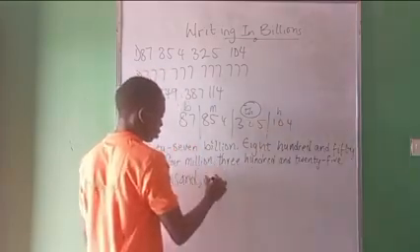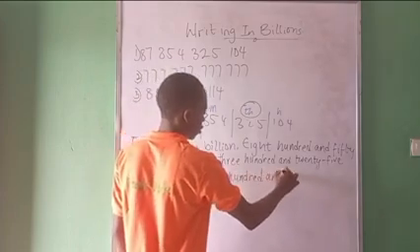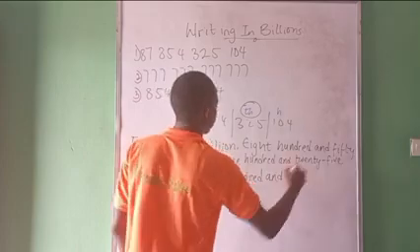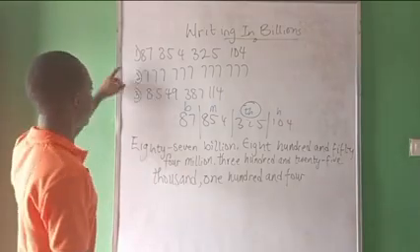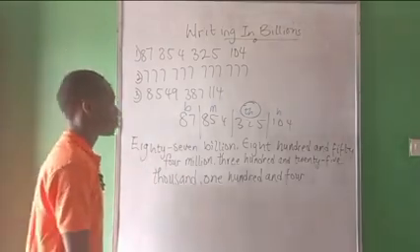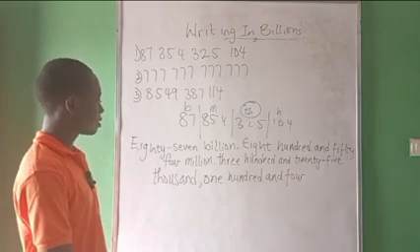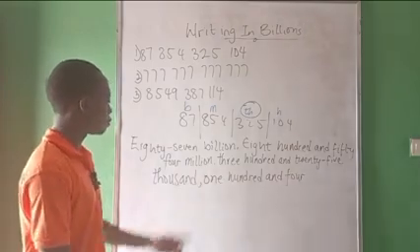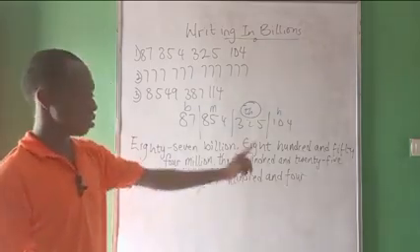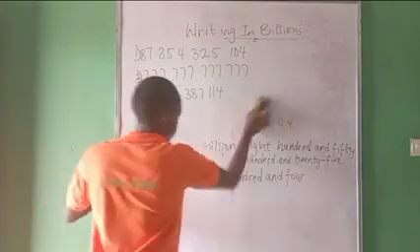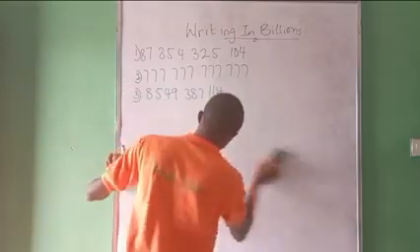So that is the answer for number 1, which is 87,854,325,104. Let us walk through the next example together, the B example, then you will do the 3 and walk through to check if you are correct.